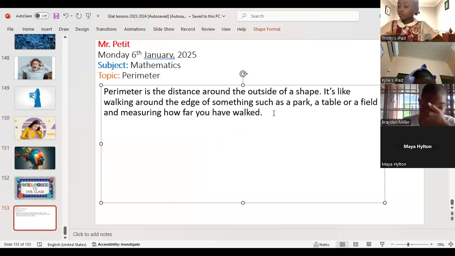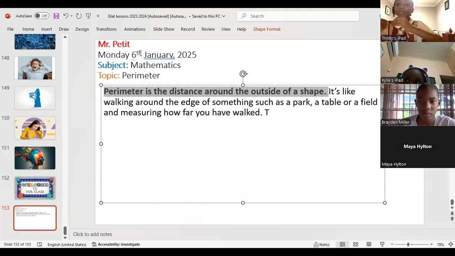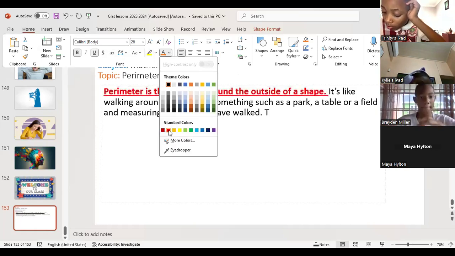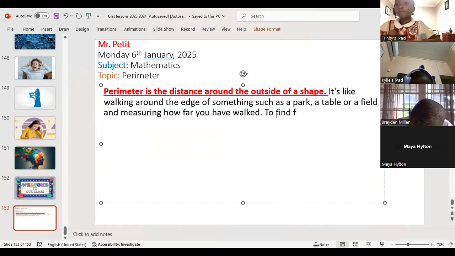So let's highlight this, this is a definition. Brayden, are you writing this down? Yes, sir. Good. Adaya, are you writing this down? Yes, sir.